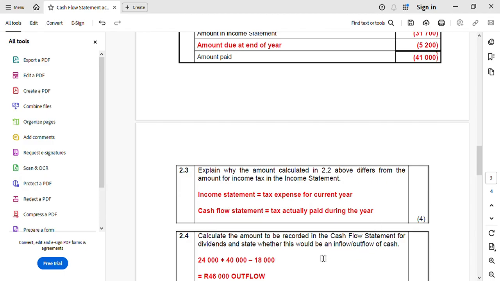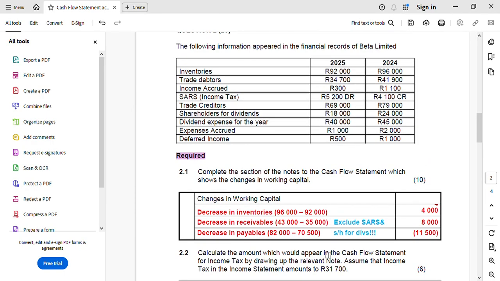Right, and then calculate the amount to be recorded in the cash flow statement for dividends. With dividends, you start with the shareholders for dividends. So last year we owed the shareholders 24,000. That's last year's final dividend. Your dividend expense for the year is your total dividend of 40,000. And of that 40,000, we still owe the shareholders 18,000.